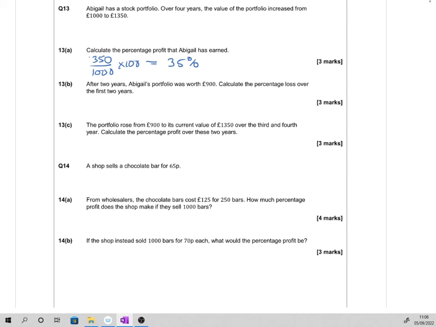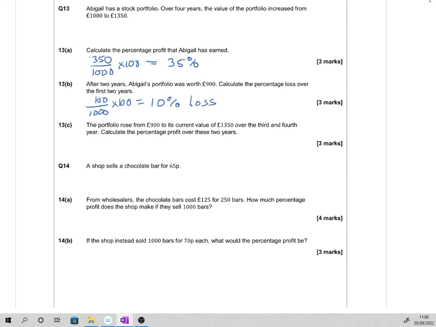So the difference is £100, the original is 1,000, and times that by 100, so that can be 10%. 100 divided by 1,000 times 100, so 10% loss.